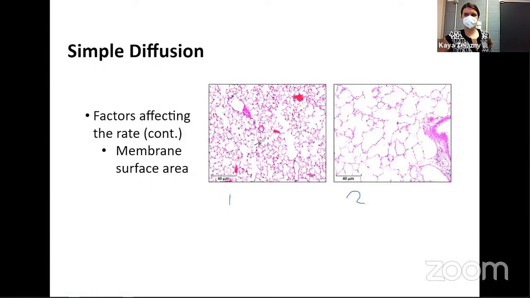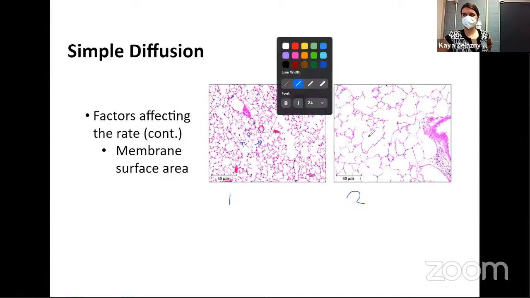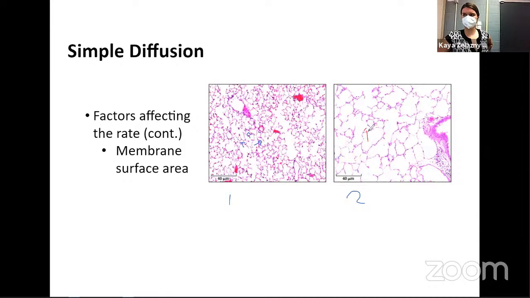If you were bopping around here, you're way more likely to cross these membranes because there are more of them. And here we have less surface area, so you'd end up going farther before you ran into some membrane. So as our membrane surface area increases, we see more movement, therefore greater rate of diffusion.